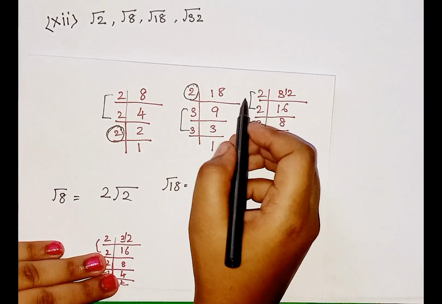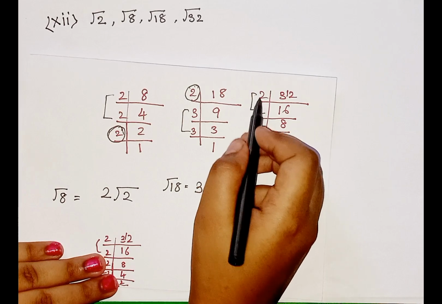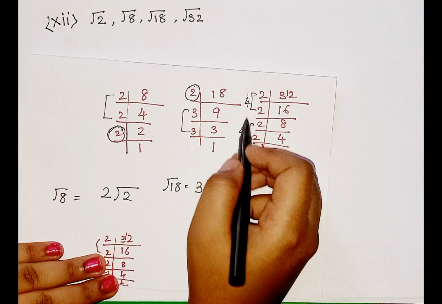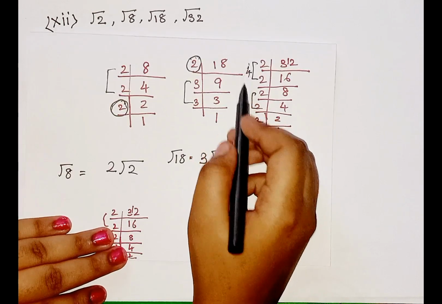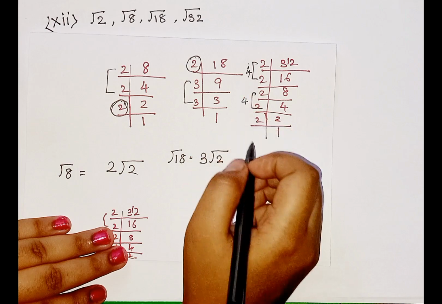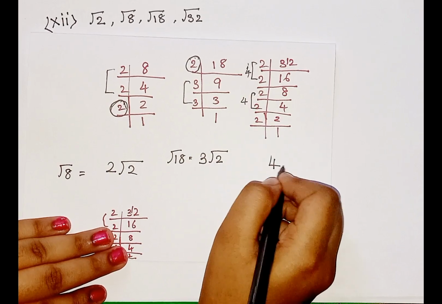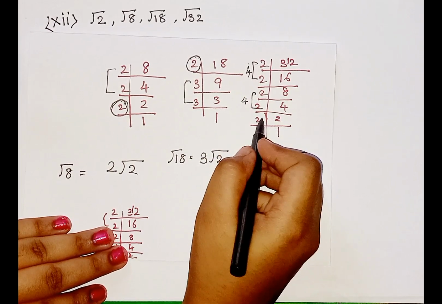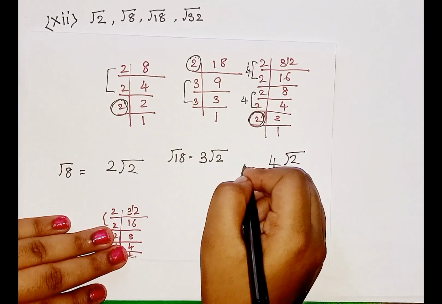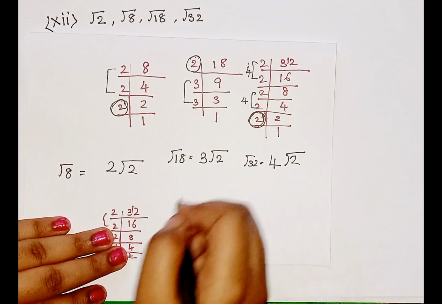When we multiply, 2 twos are 4, so now we have 4. We can make a pair for 4 as well, so we write it outside the root, and inside the root we have this 2 left out. So this is going to be the value for root 32.